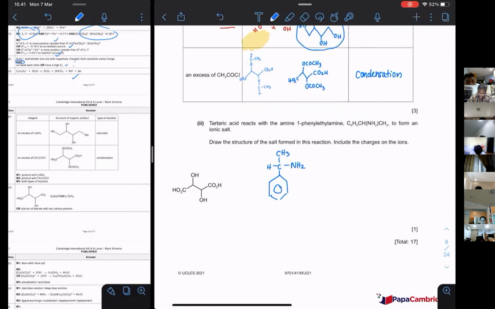Ethyl amine. CH, CH3, NH2. So this is ethyl amine, 1-phenylethyl amine.